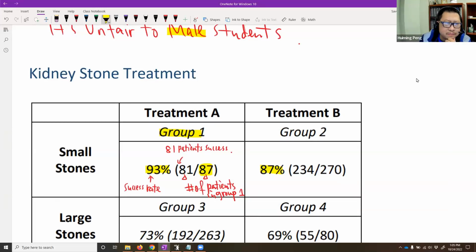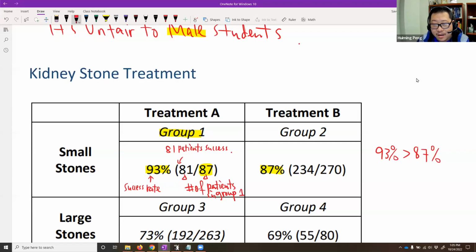For this small stone, treatment A, let me put it somewhere. Can I put it here? 93% is bigger than 87%.